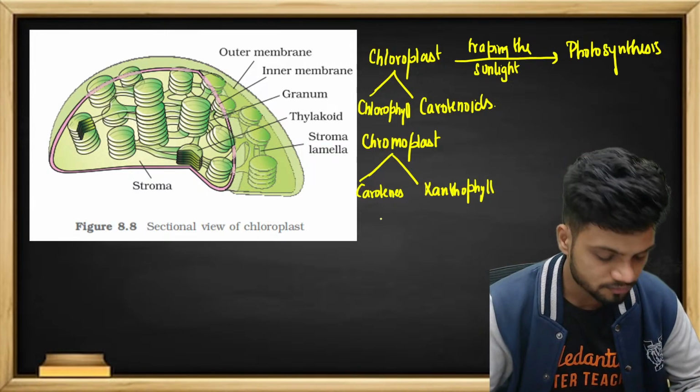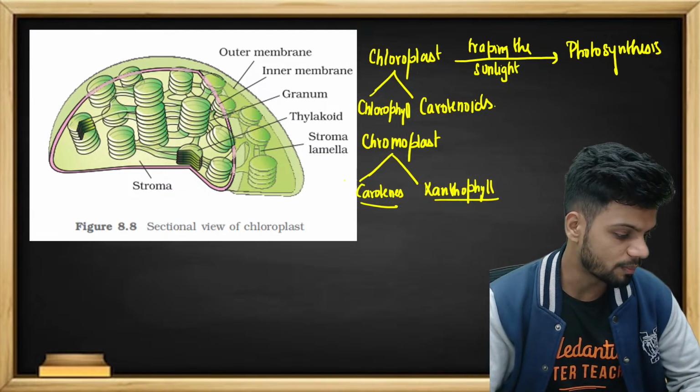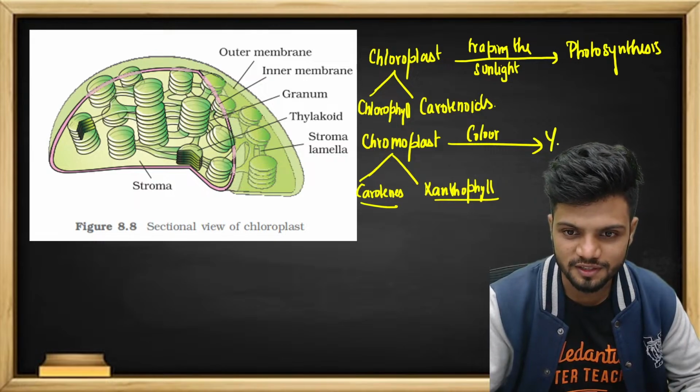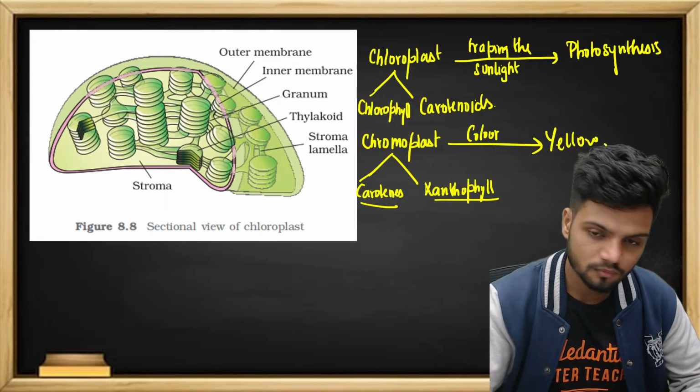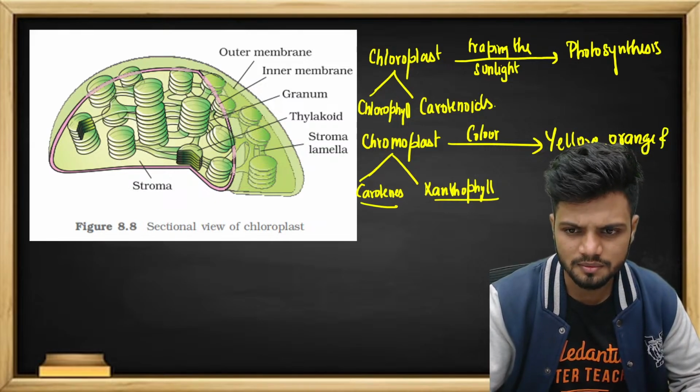Both are present in the chromoplast. They give color. Which color? Yellow color, obviously. Yellow to orange and even red sometimes.